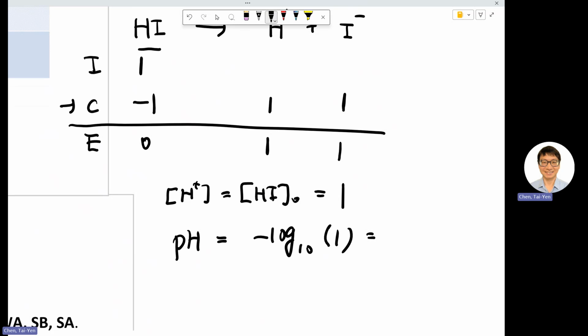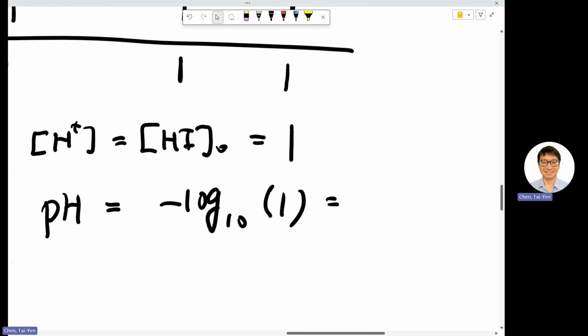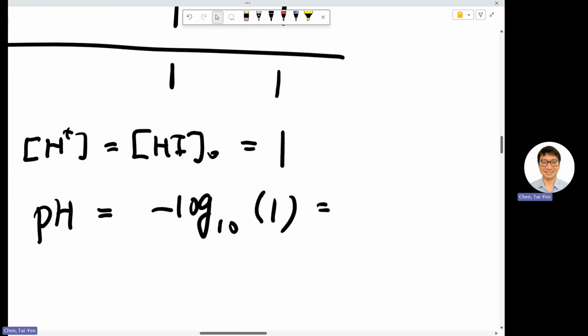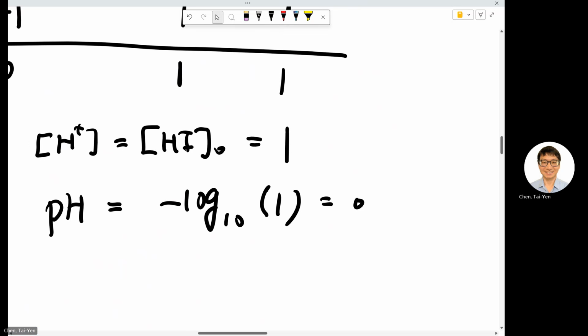Anyone have calculators? Or is anyone very good at math? You should see the answer very quickly, right? 0. That will be the answer. Okay, but 1 is 10 to the 0th power, right?